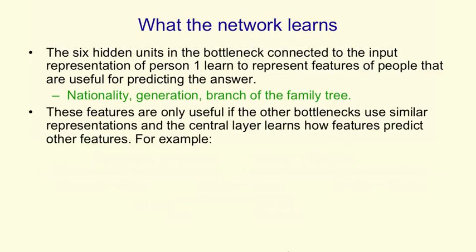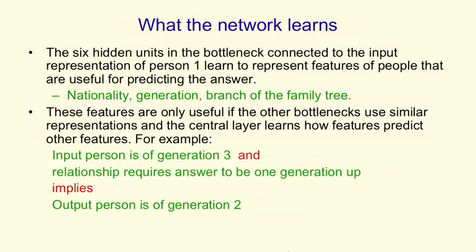Of course, those features are only useful if the other bottlenecks, the one for relationships and the one near the top of the network before the output person, use similar representations, and the central layer is able to say how the features of the input person and the features of the relationship predict the features of the output person.